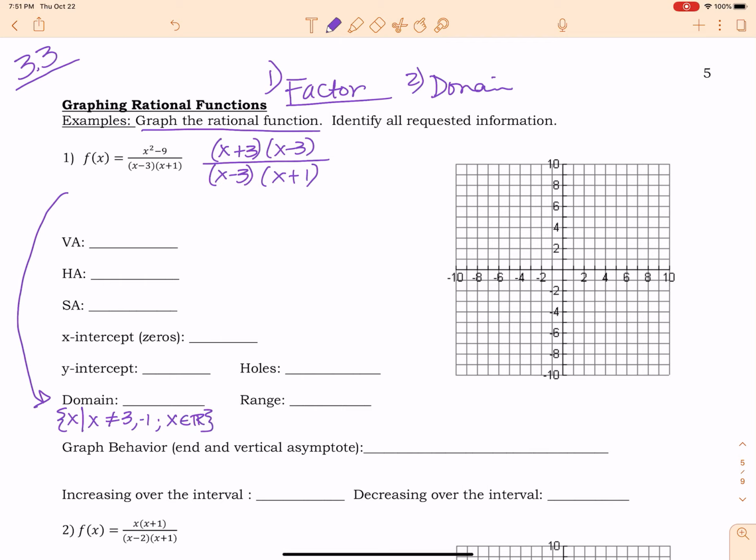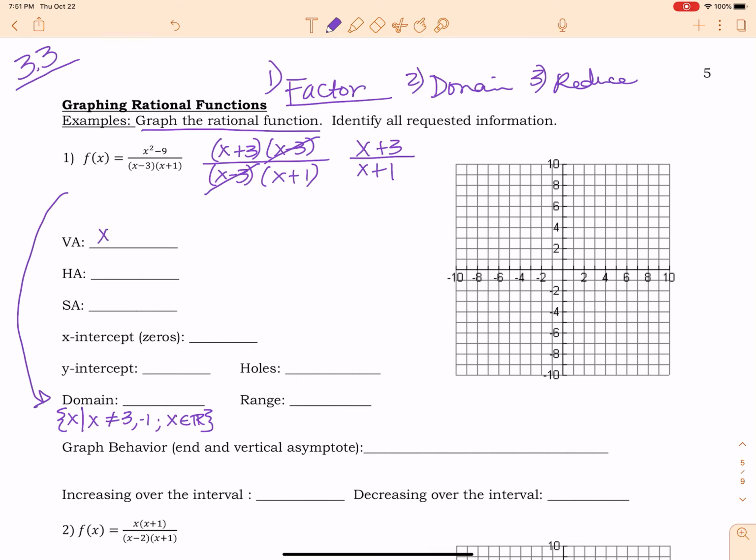Okay, so now we are going to reduce this, and our final function is going to be this right here. So now we answer all of this other stuff.